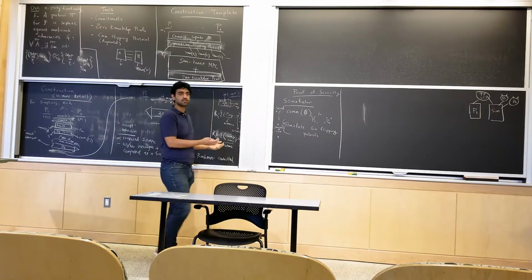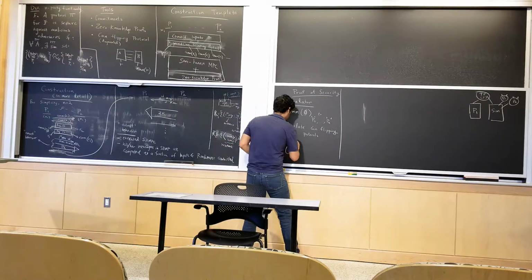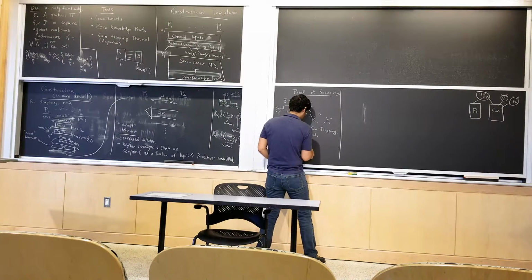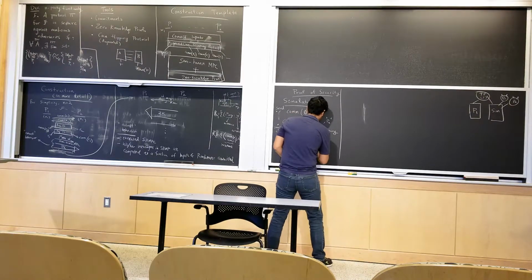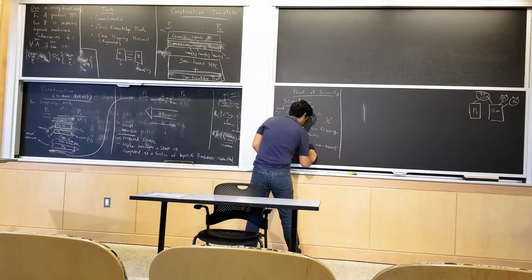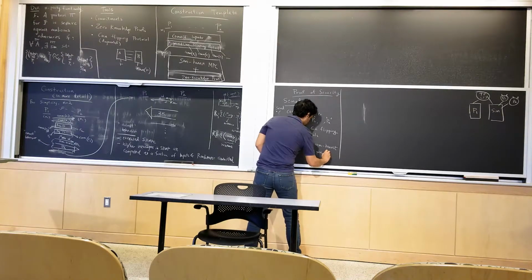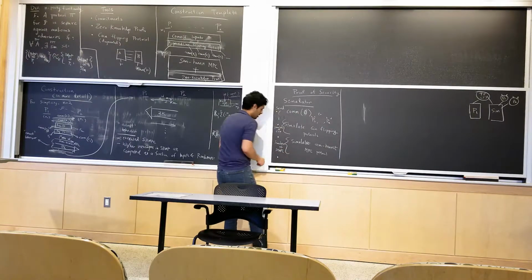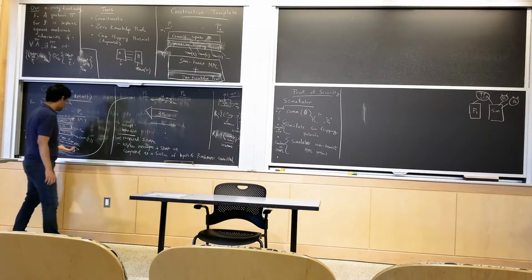How is he going to generate the messages of the semi-honest protocol? Well, again, simulate, right? So you just use the simulator of the semi-honest protocol. So what about the zero knowledge protocol?